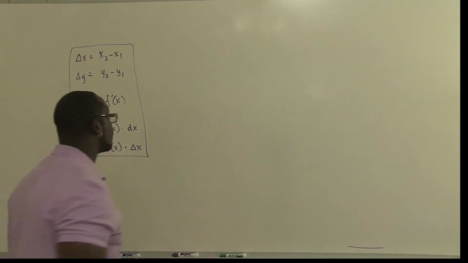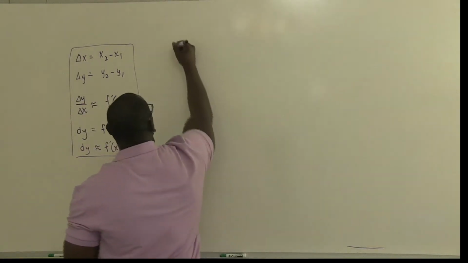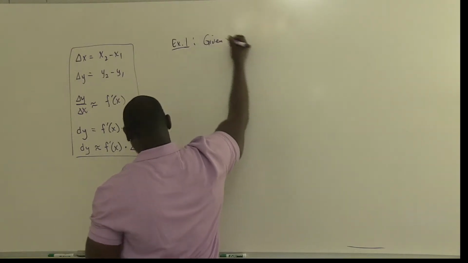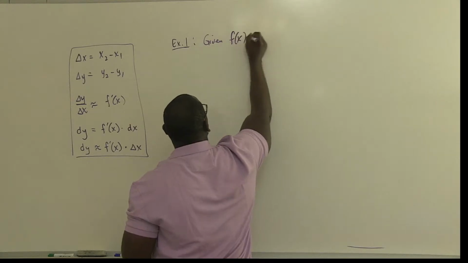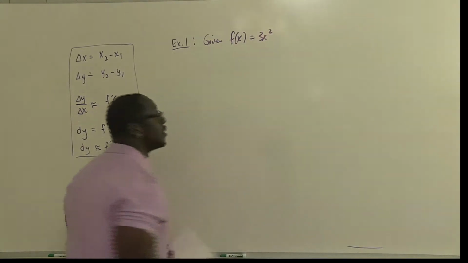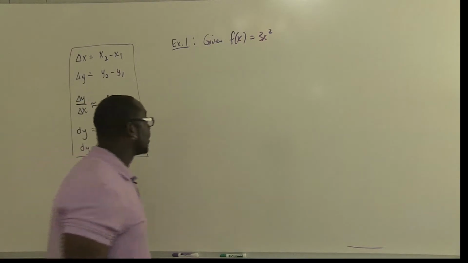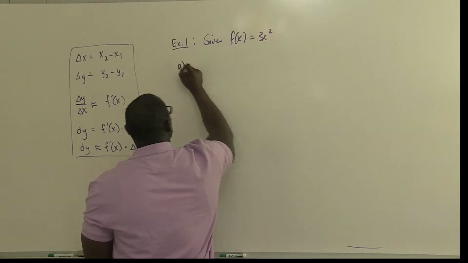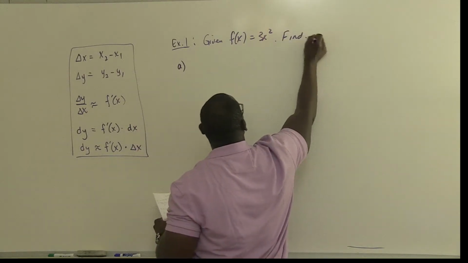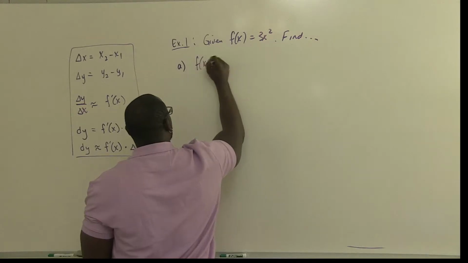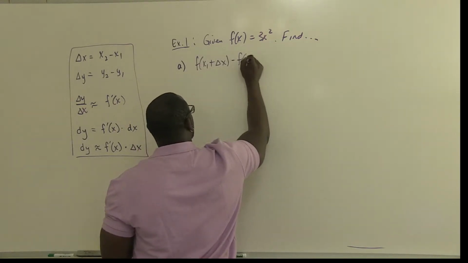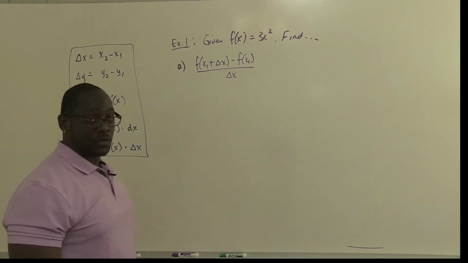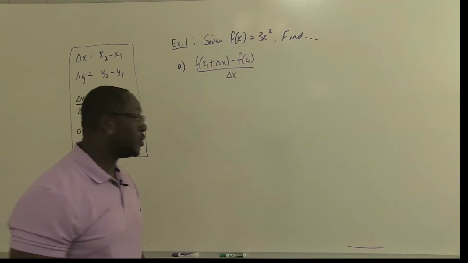All right, so for our first example, we're given the following information. We're given that we have a function f of x, which is 3x squared. And what we want to do is find out the following. So first thing, we want to find the difference quotient of that written in terms of incrementals.